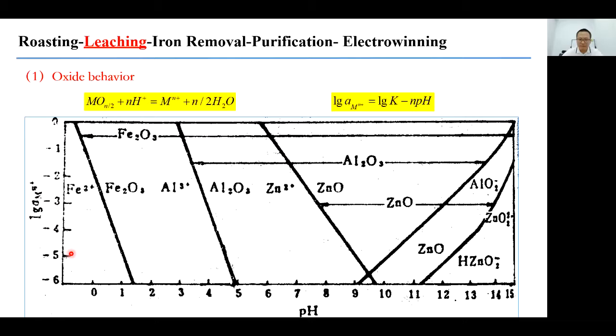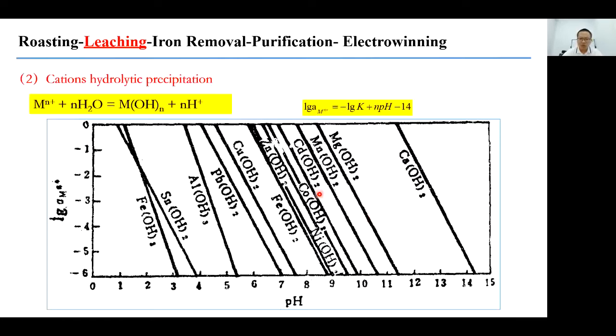So if we control the pH value of the system in this part, zinc will convert to zinc ions, but ferric iron oxide will stay as oxide. So it will enter the leach residue, while zinc will report to the aqueous solution, which benefits the following recovery.